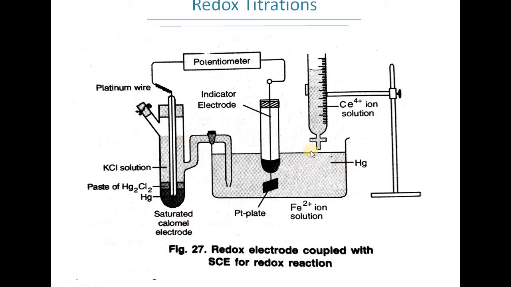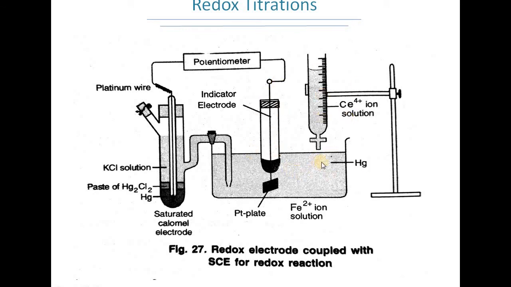On the right hand side we have this indicator electrode in which a platinum wire is dipped in the solution of Fe2+ ion, and the solution of Ce4+ ion is added from the burette in small installments.